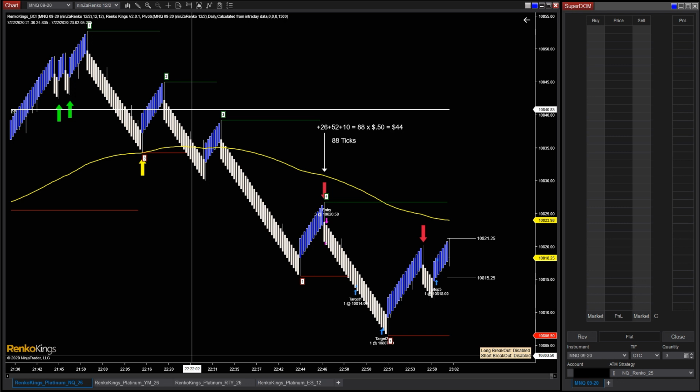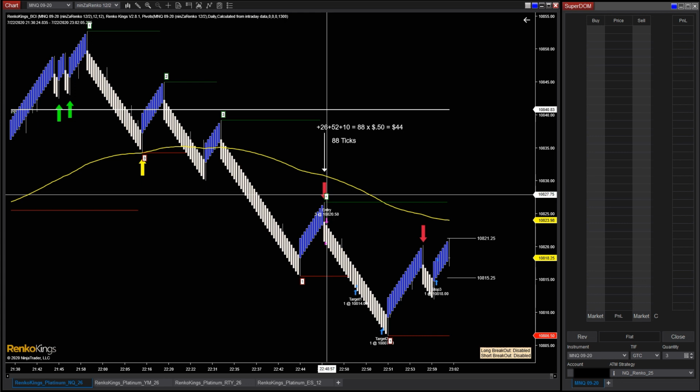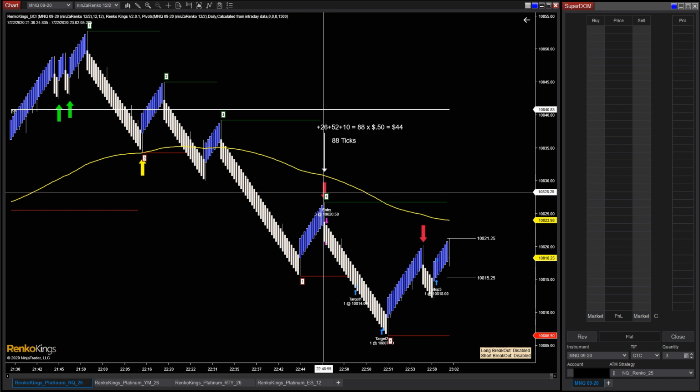Okay, nowhere in here did I just blindly come in and take a yellow signal or a red signal because a red signal just randomly appeared on the chart. No, there was logic, there was thought. Okay, I was building a case for why I wanted to take this setup.